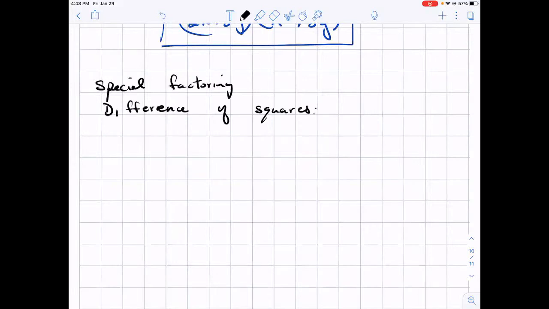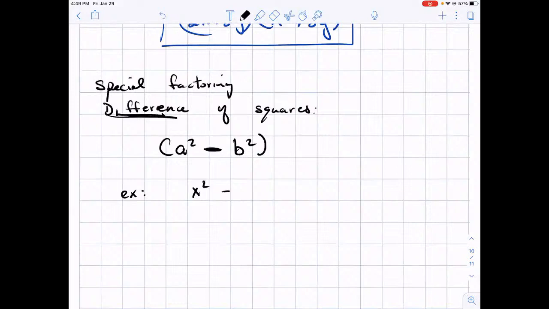The difference of squares is any polynomial where there's obviously a difference, a squared minus b squared. It's a difference of two squares. This is the general form. An example of this would be x squared minus 4, which is the same as x squared minus 2 squared.